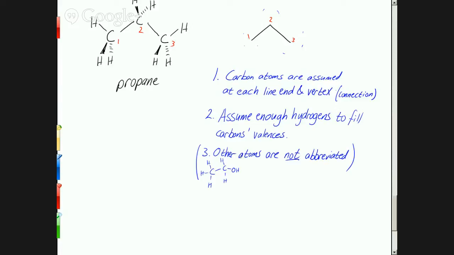We don't do anything with that OH when we make the line structure. So the carbons get abbreviated like this, but the OH stays OH. We don't take the hydrogen off of the O. So that's a common mistake sometimes, is to cut hydrogens off of everything. You only cut them off the carbons, or you only don't show them on the carbons. You still show them on everything else.